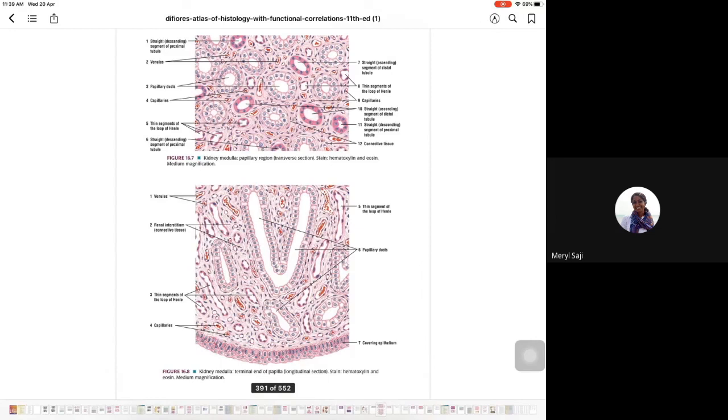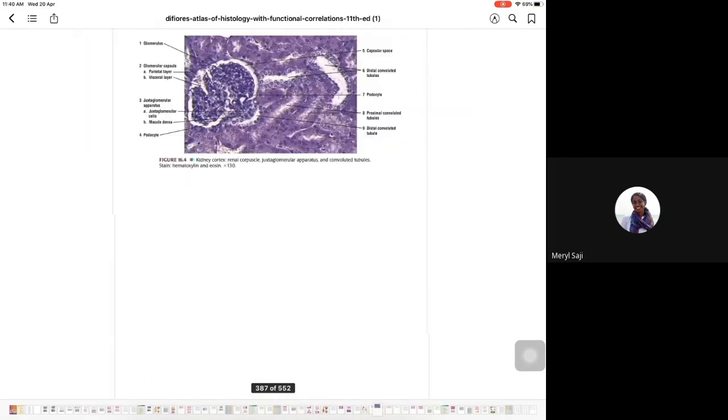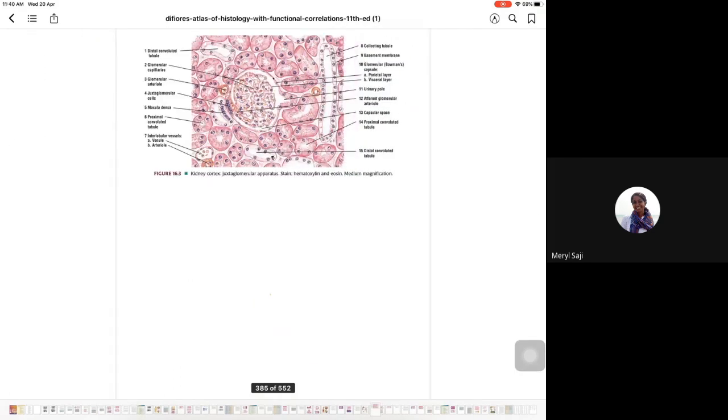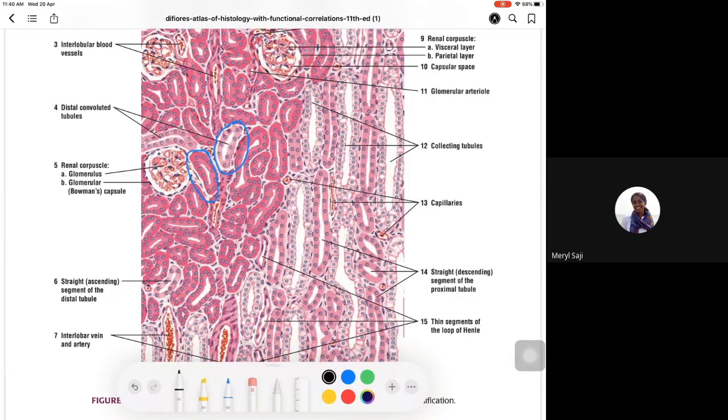Now we are going to deal with the tubules. You should be able to differentiate proximal and distal convoluted tubules, but here they are more like a medulla. Medulla won't have that many proximal tubules, only cortex will have a high number of tubules. We will see it here. This is one type of the tubule, this is the other type of the tubule.